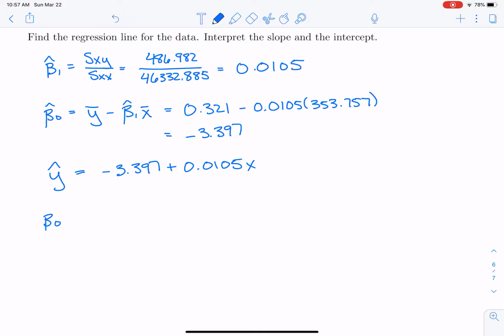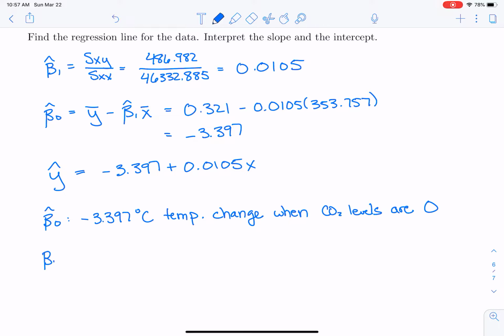Beta 0 hat, if we're looking at the intercept, that's going to be negative 3.397 degrees Celsius temperature change when CO2 levels are 0 parts per million. So if there was no CO2 in the atmosphere, that's what the global temperature change would be.